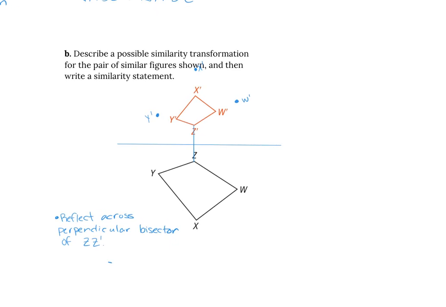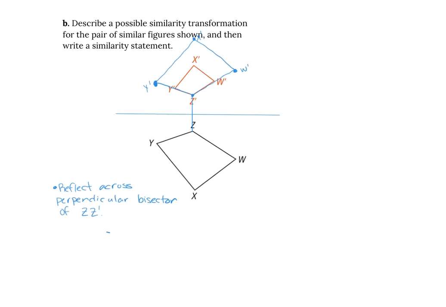Let me go ahead and connect these. And my Z is still just D. Okay, and connect these. So we have reflected across our perpendicular bisector. Now we just need to do a dilation.